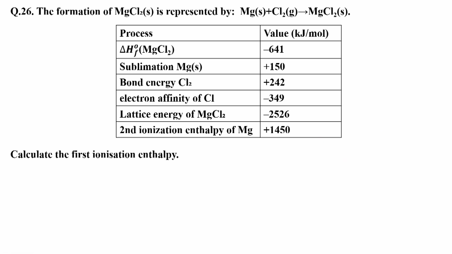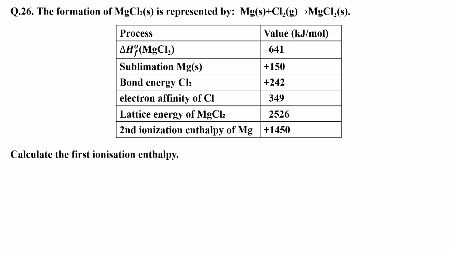Next we move to problem number 26. The formation of MgCl2 is represented by Mg plus Cl2 gives MgCl2. Delta H naught F for MgCl2 is given as minus 641 kilojoule per mole. Sublimation of Mg is given plus 150 kilojoule per mole. Bond energy of Cl2 is also given plus 242 kilojoule per mole.